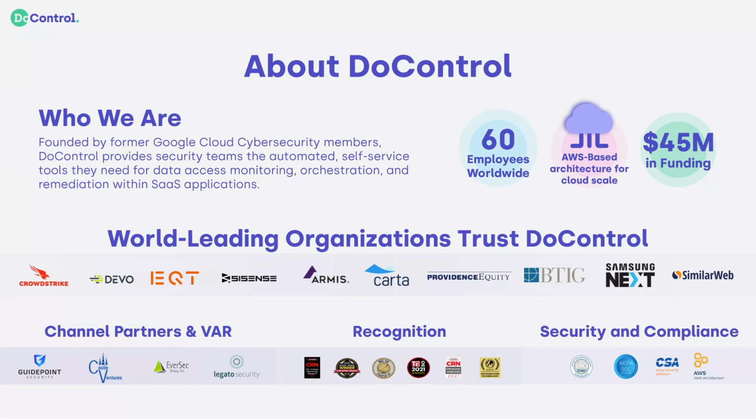Leadership came from Google Cloud Security, and we are very much focused on providing security teams with the automated self-service tools they need for data access monitoring, orchestration, and remediation within all of the different business critical SaaS applications that are being utilized today.